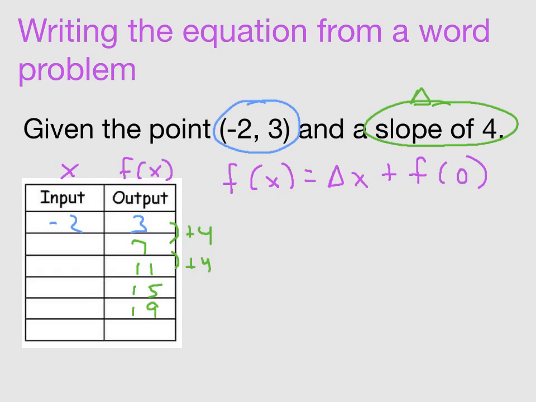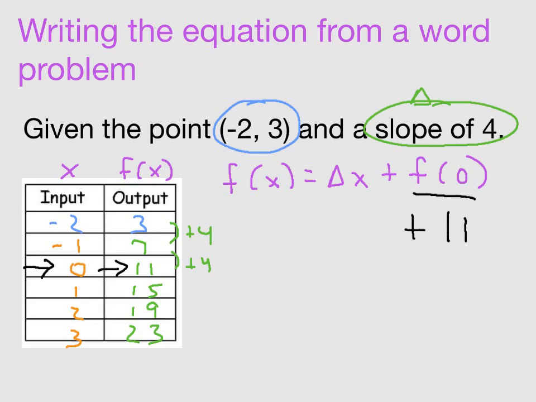3, 7, 11, 15, 19, 23. Okay. Then what I want to do is come over here, and these will just go in order. So this would be negative 1, 0, 1, 2, and 3. Now we've got a table, just like in the previous problems. So, finally, what I'm going to do is find my f of 0, which is right here at 11.